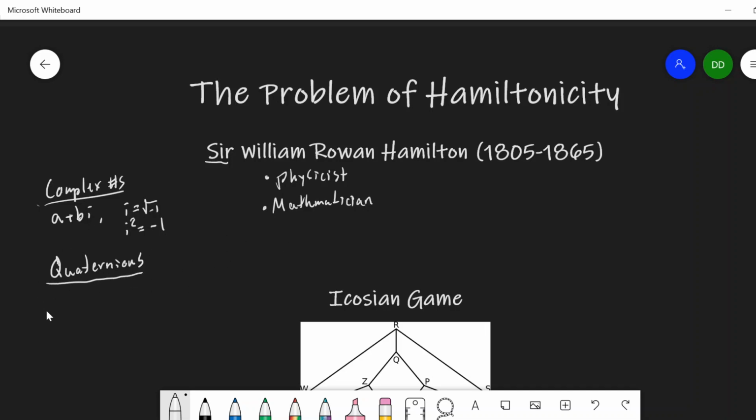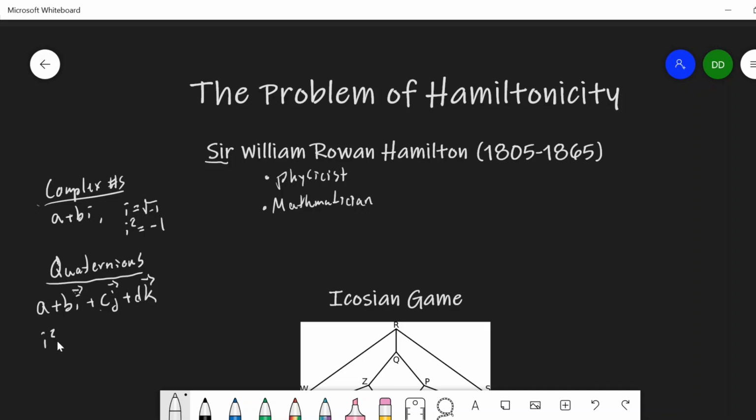So not just a plus bi, but rather a plus bi plus cj plus, let's say, dk. If you've taken, I don't know, Calc 3, you can think of these i, j, and k as unit vectors in the respective directions. What Hamilton really did was show that there is a multiplication defined here, and hence that numbers of this form constitute an algebraic structure.